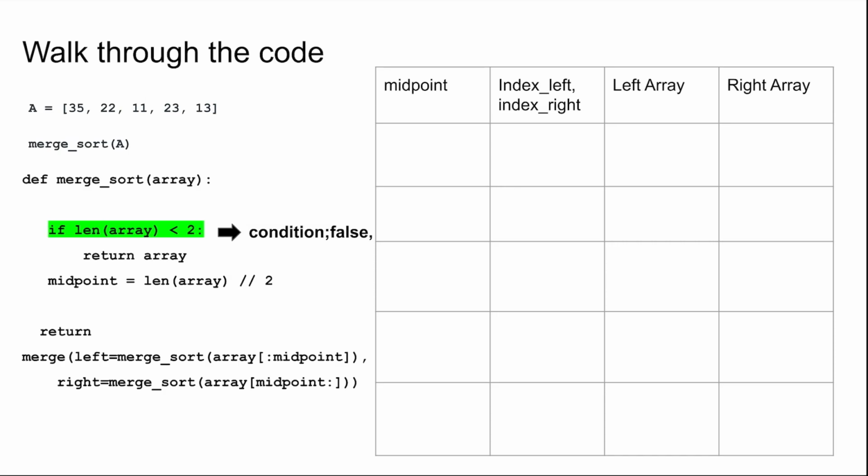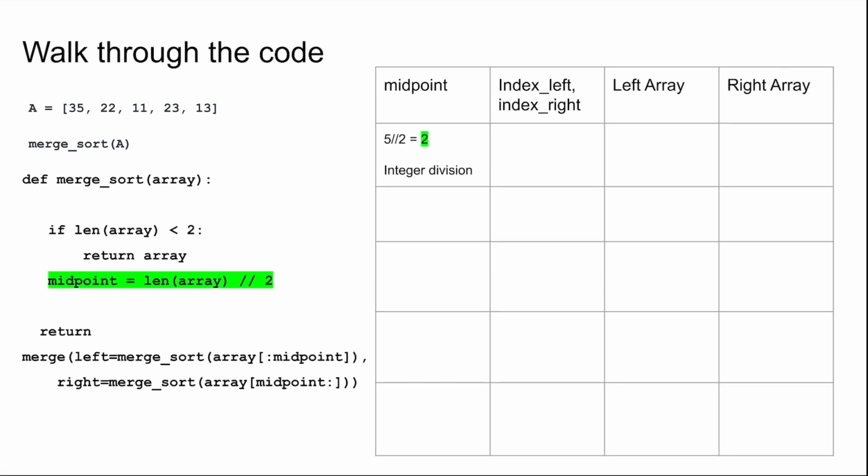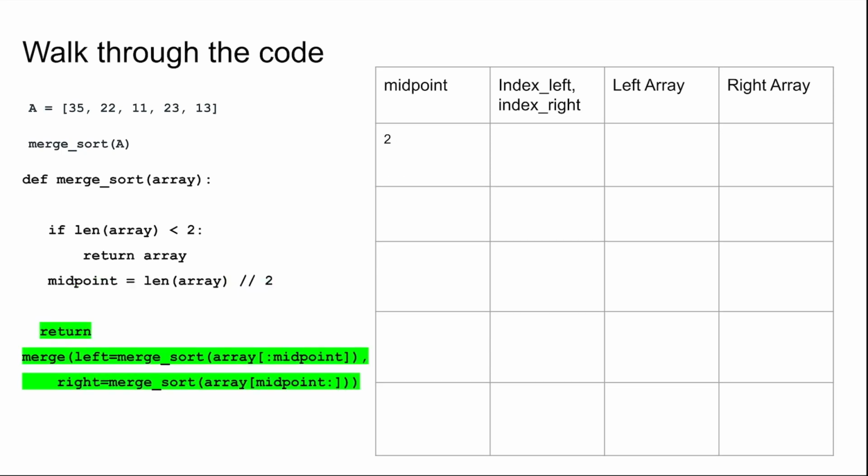So if the length of the array is less than 2, then we return the array. A variable midpoint is declared to be the length of the array divided by 2 by integer division. Then we return merge, with left equals merge sort of array up to midpoint, and right equals merge sort of array from midpoint.